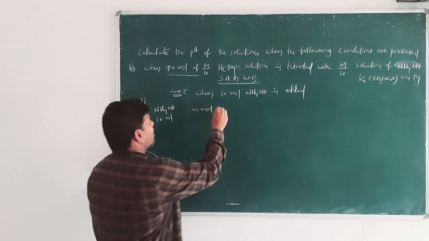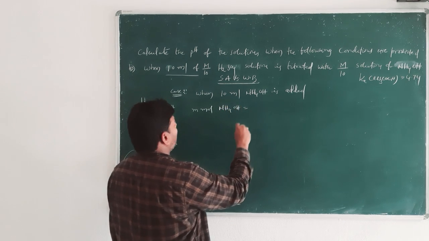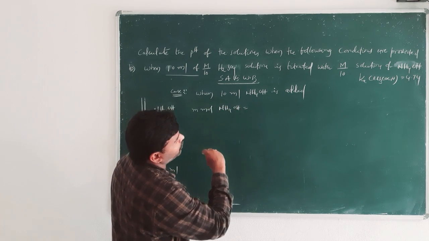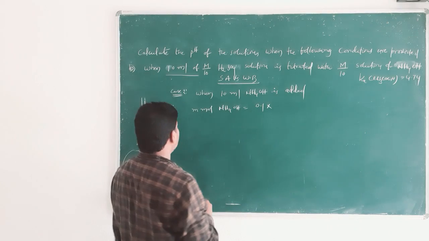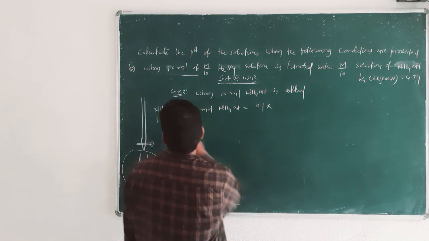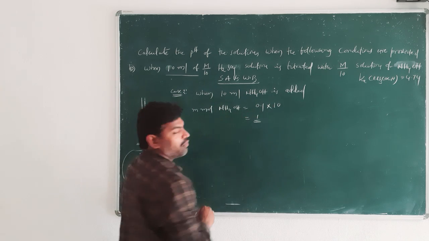So, millimoles of NH4OH is equal to its molarity, 0.1, into its volume in ml, which is 10 ml. So, its millimoles is 1 millimole.